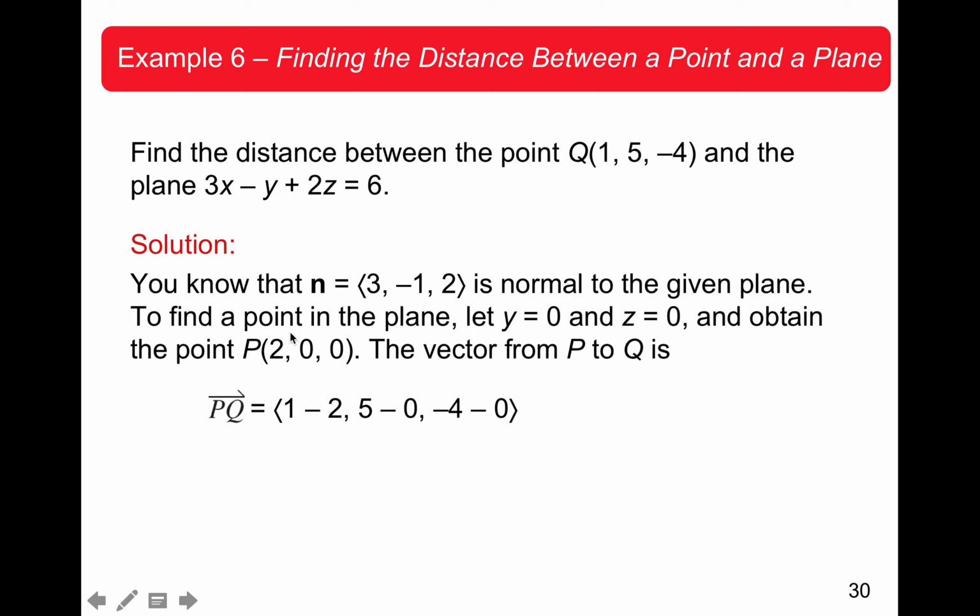So point P is going to help us find the vector from P to Q. We're going to take vector PQ: 1 minus 2, 5 minus 0, and negative 4 minus 0. That's where we get (-1, 5, -4).